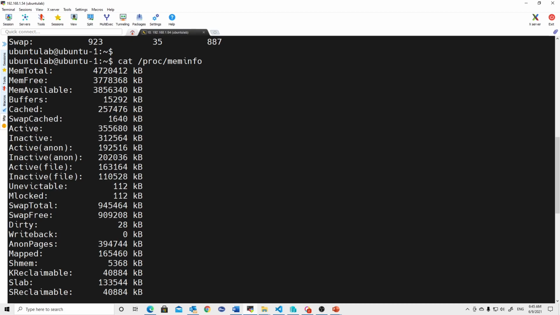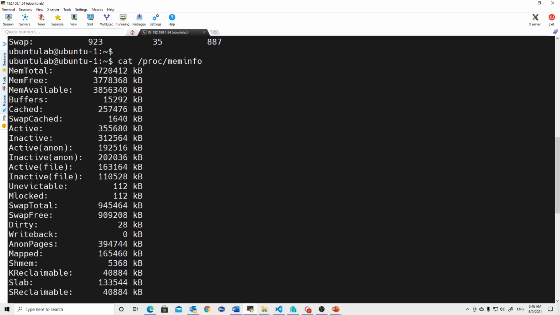SwapCached: memory that was swapped back in but is still in the swap file. Active: recently used memory, not to be claimed first. Inactive: memory not recently used, more eligible for reclamation. Active(anon): active memory for anonymous pages. Inactive(anon): inactive memory for anonymous pages.